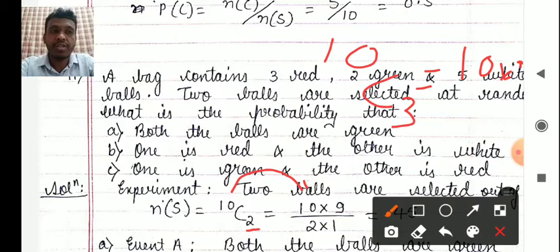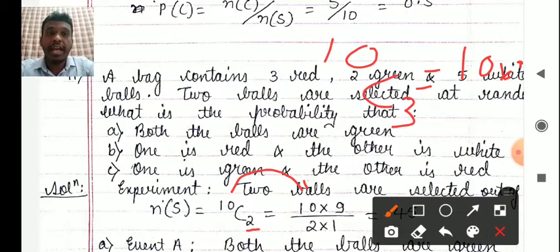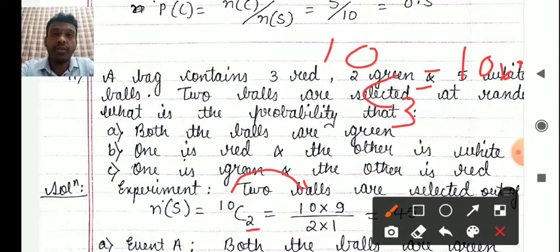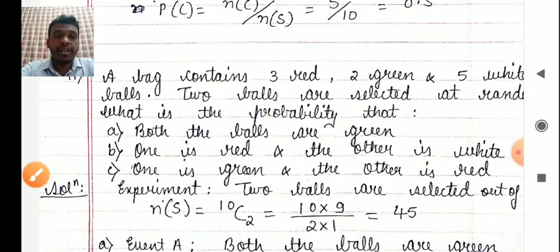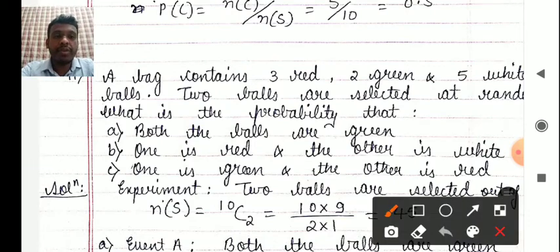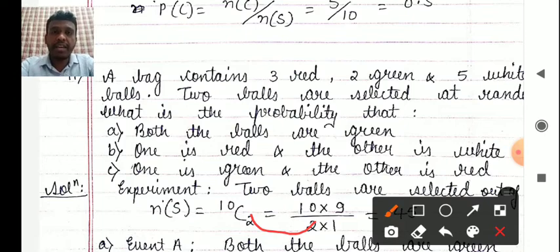Had it been 10C4, the numerator would have been 10 into 9 into 8 into 7. So once you know the numerator, the denominator can very easily be found out. Denominator starts with the bottom number, so 2 will come here, and you have to go up till 1, reducing 1 number at each step.